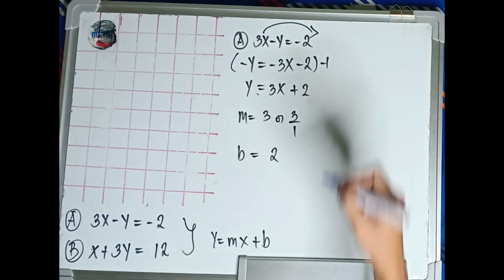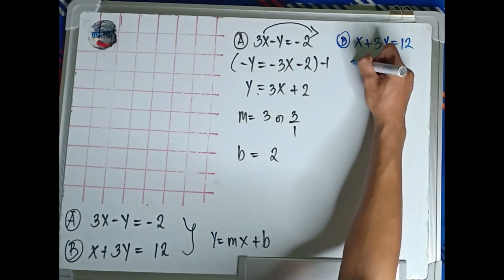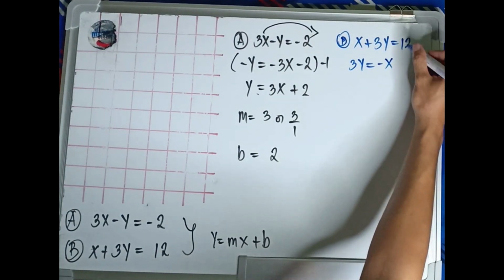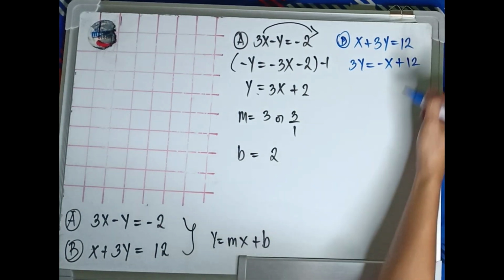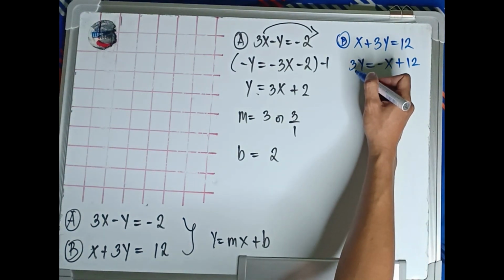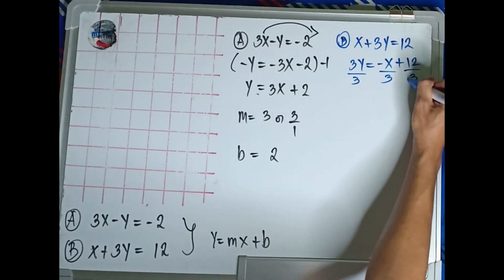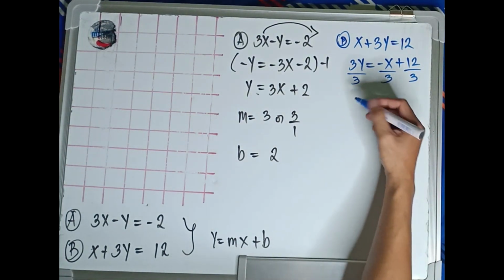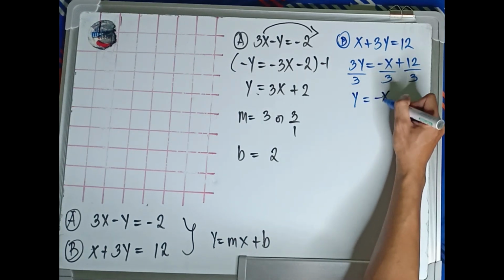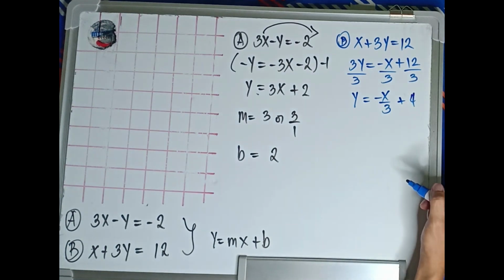For equation B, we have to transpose x to the other side. So we copy 3y, the equal sign, x will become negative x, then positive 12. Again, we have to make this equal to 1, so we divide everything by 3. So 3 over 3 is 1. So y, then we have negative x over 3 plus 4.